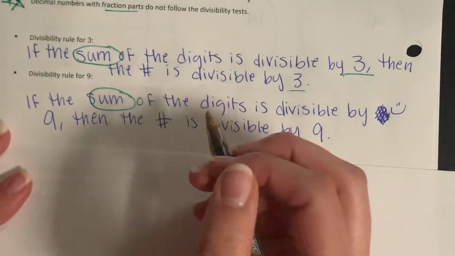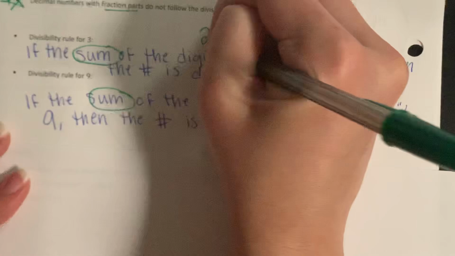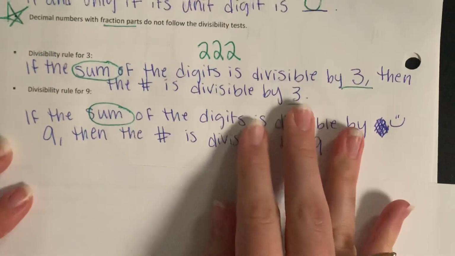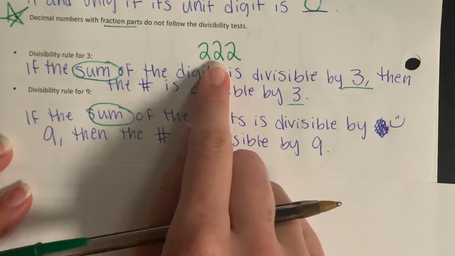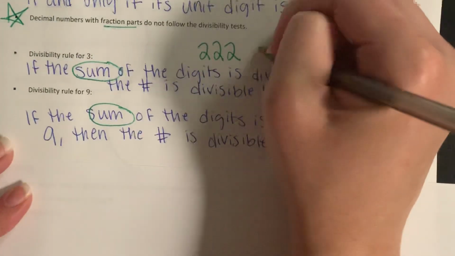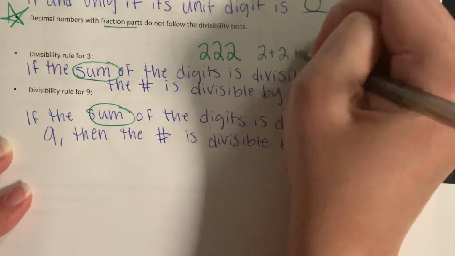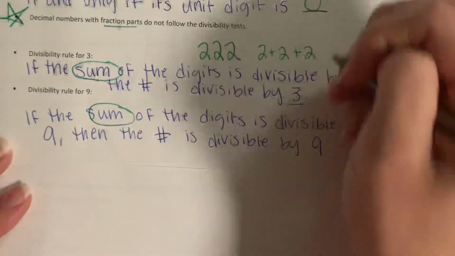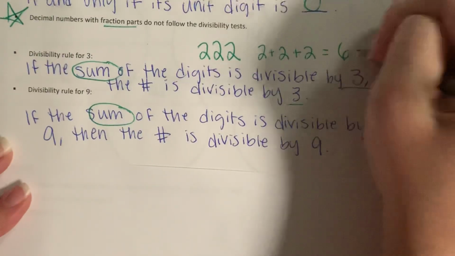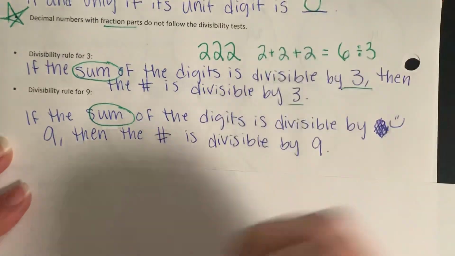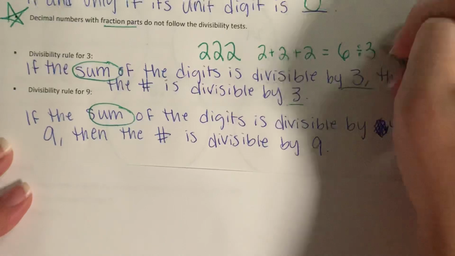So for example, if I have the number 222 and I want to know, is 222 divisible by 3? They're telling me I can do 2 plus 2 plus 2 is 6. Can I do 6 divided by 3 and not get a remainder? Absolutely.